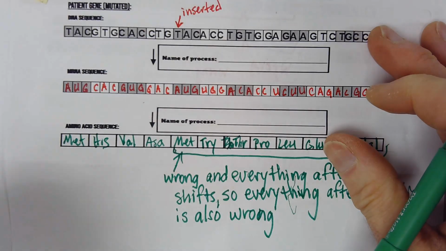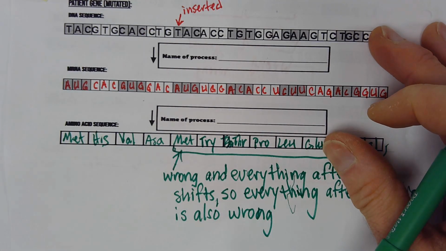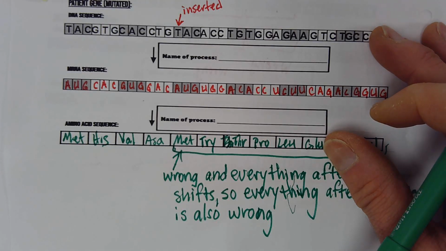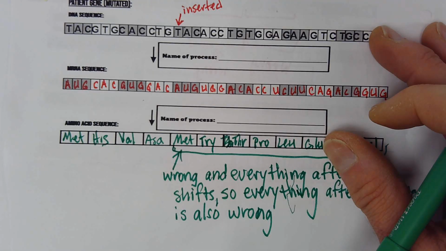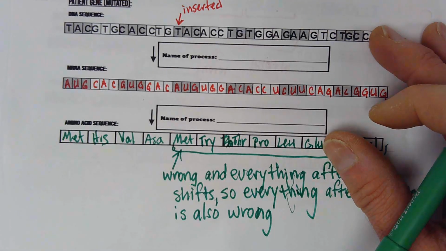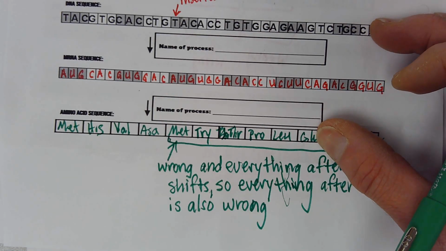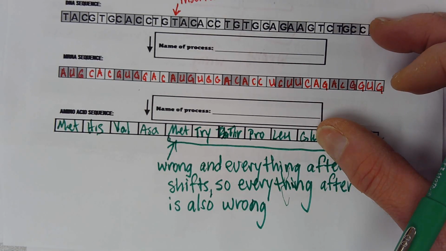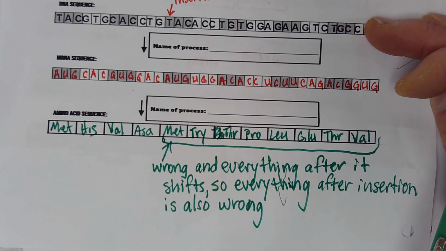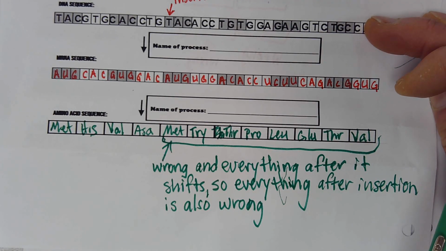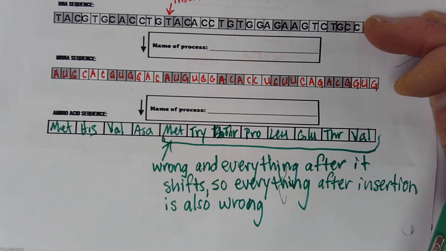So on the assessment, when you're trying to figure out what kind of mutation it is, because that's what you're going to have to do on the assessment, you'll be able to narrow it down quickly. Is it just one amino acid that changed, or was it one and then everything else? Because if it's one and everything else, you know it's either deletion or insertion. If it's just one, you know it's a substitution.